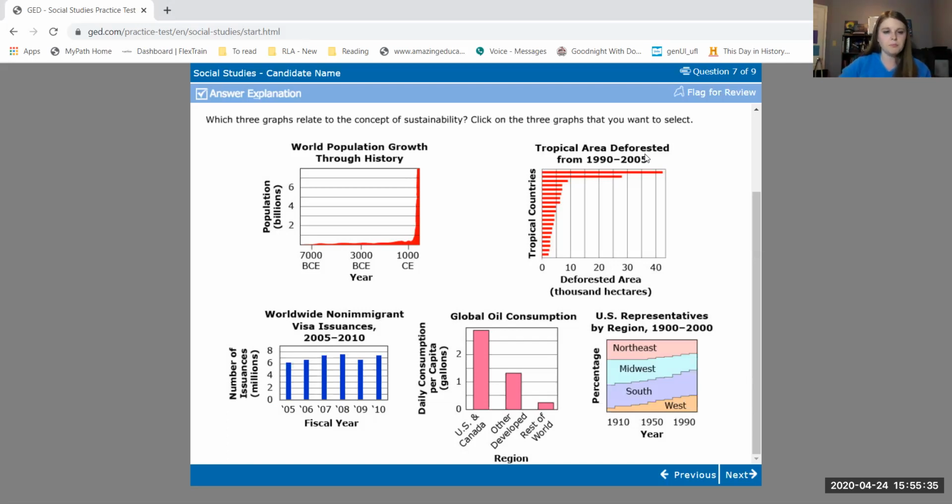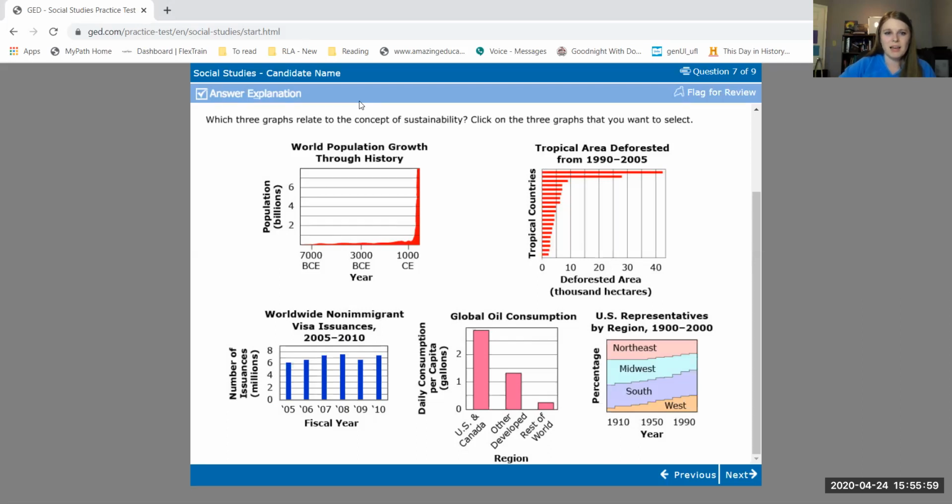Let's keep going. The third one, worldwide non-immigrant visa issuances. Okay, well, that is talking about people, but I'm not sure it's connected to our environment. Number 1's talking about people, but the amount of people does affect the environment. Non-immigrant visa issuances, I'm not sure that's connected.